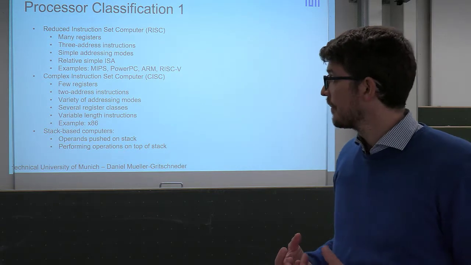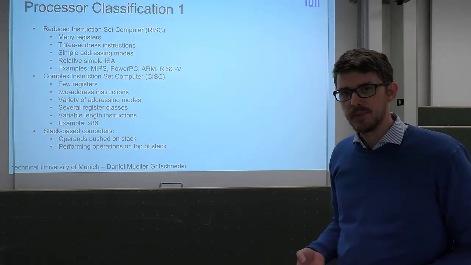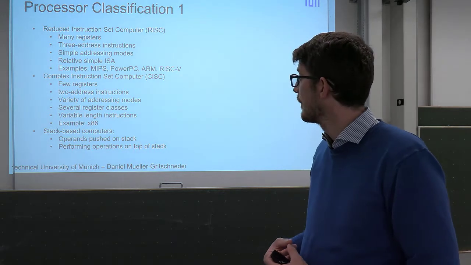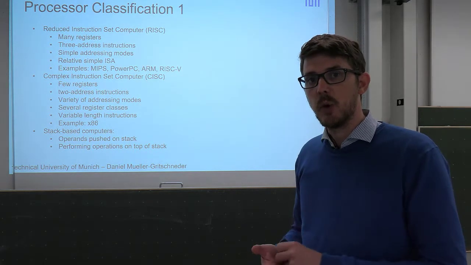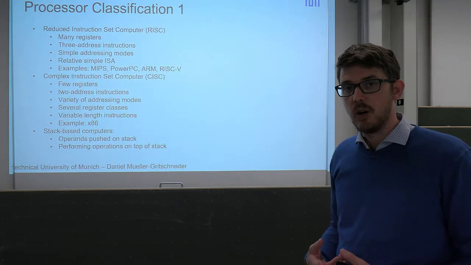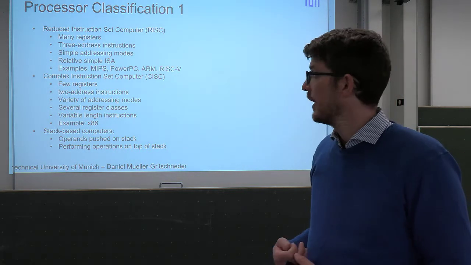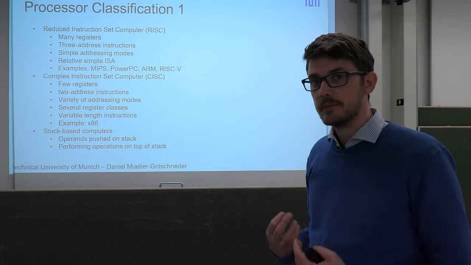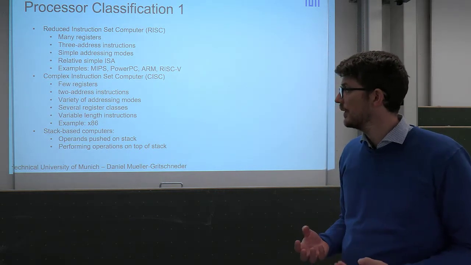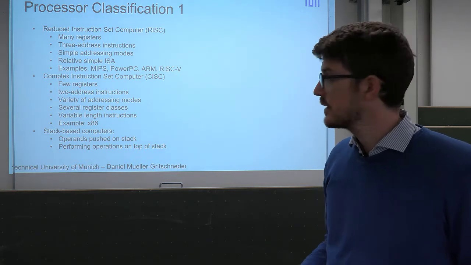Typical examples are MIPS, PowerPC, and ARM, which is a typical RISC instruction set. ARM actually stands for Advanced RISC Machine, that's the acronym. And of course, now also RISC-V is a RISC instruction set. On the other side, you have so-called complex instruction set computers, the CISC machines.